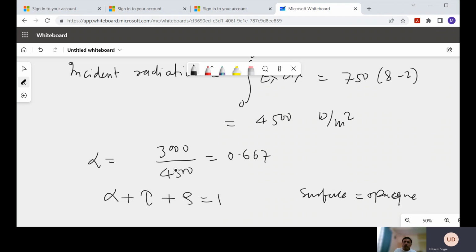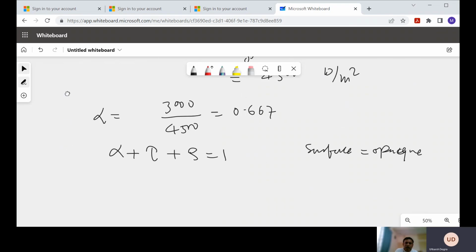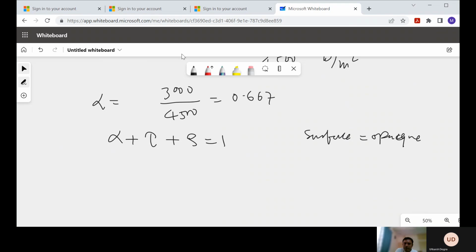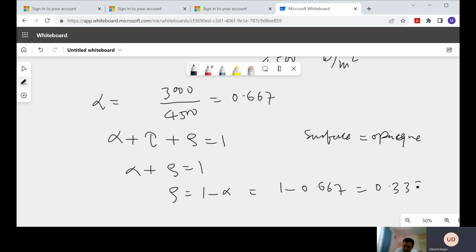So alpha plus rho should be 1, isn't it? So rho will be given by 1 minus alpha. So 1 minus 0.667 should be the reflectivity. So reflectivity comes around 0.333. Correct? This is the answer for the second part.